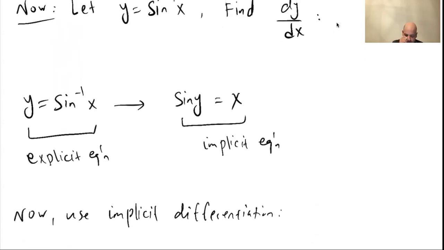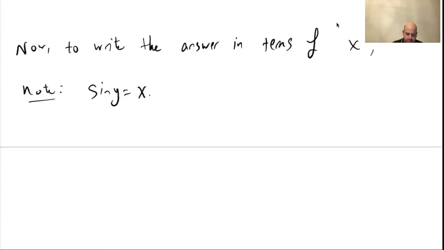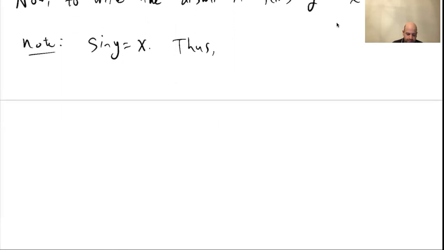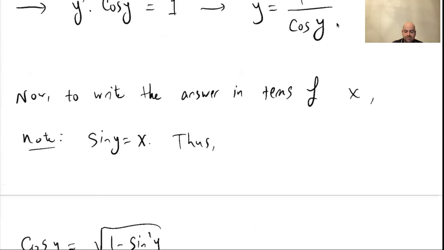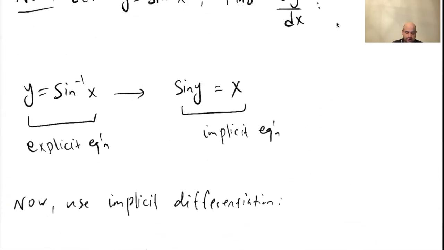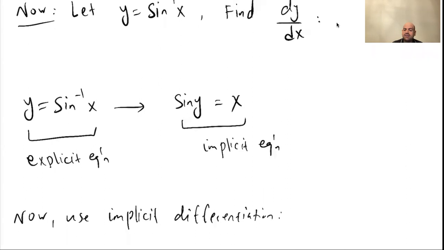So what will be cos y? Thus, we can say that cos y is equal to square root of 1 minus sine squared y. So why is that true? Cos y is root 1 minus sine squared y, because cos y is positive actually. Why is it positive? See, y is sine inverse x, so it's an output for sine inverse.